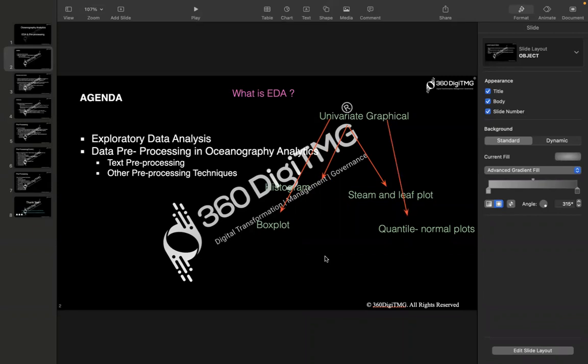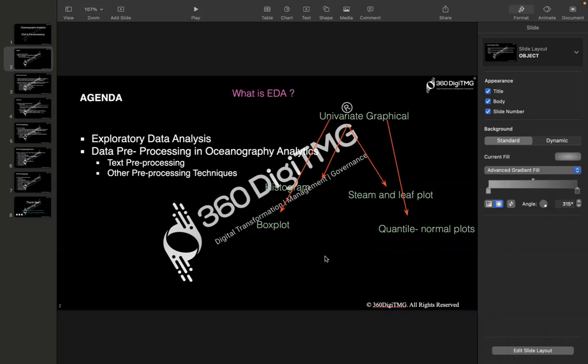So let us start with the histogram. The most basic graph in EDA is the histogram, which is a bar plot in which each bar represents the frequency or the proportion of cases for a range of values.